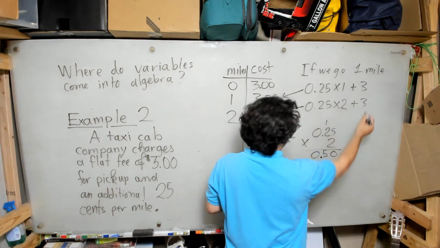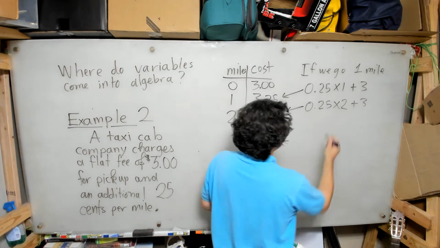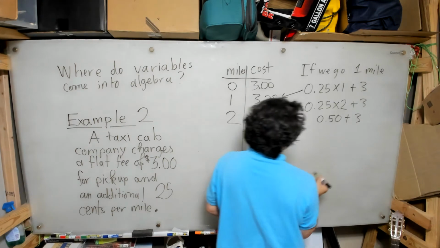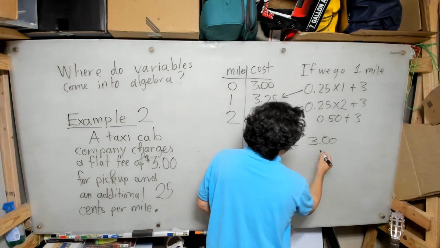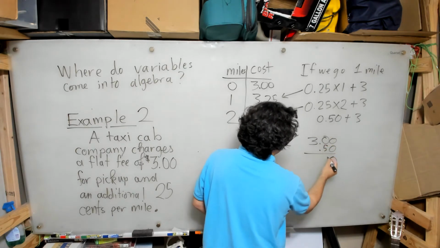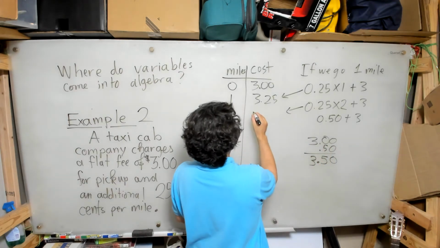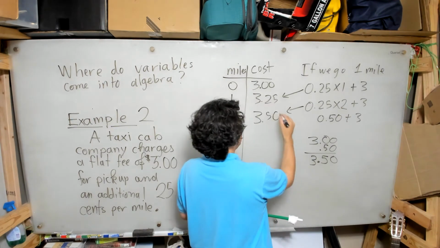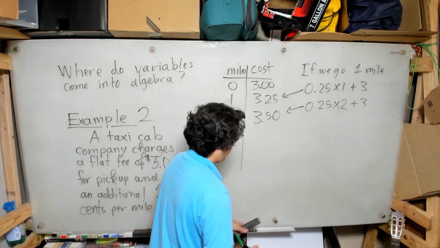So this expression then simplifies to 0.50 plus 3. How do we add this? Well, it'll be 3.00 plus 0.50. 0 plus 0 is 0, 0 plus 5 is 5. We bring down the decimal place. 3 plus 0 is 3. And so we know that here it'll be 3.5 as the amount I'm spending on the taxi cab for a ride of 2 miles.